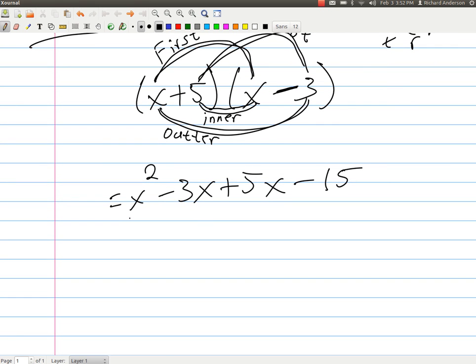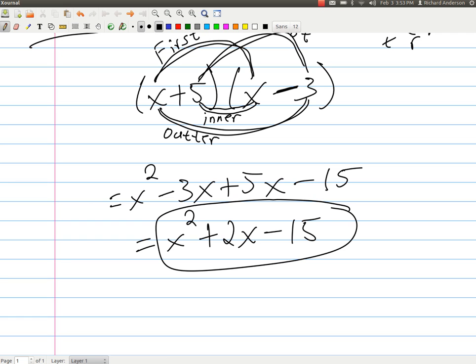Okay, I only have one more step at this point, and if your problem looks like this, x plus or minus a number times x plus or minus a number, where your x's or whatever letter are first, then usually this will be your last step, where all I do is combine the like terms and they'll just happen to be the two terms in the middle. Here I have negative 3x plus 5x, and if I grab a calculator, I'll get plus 2x minus 15.